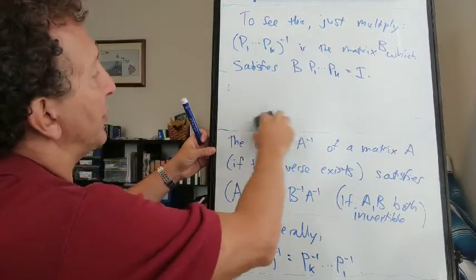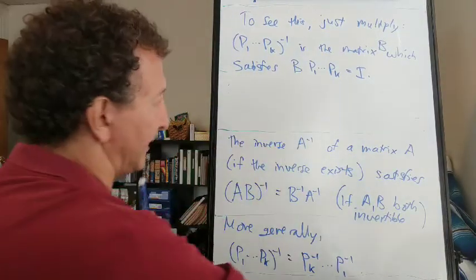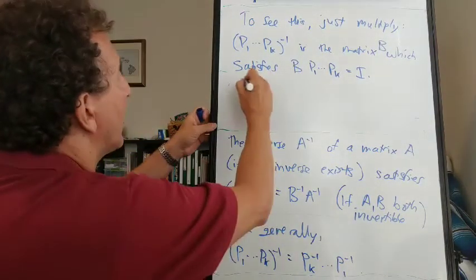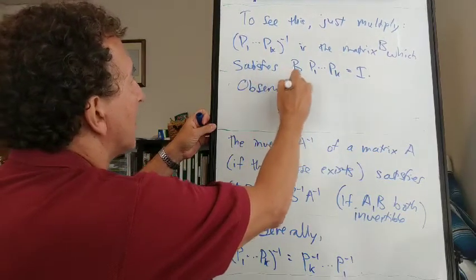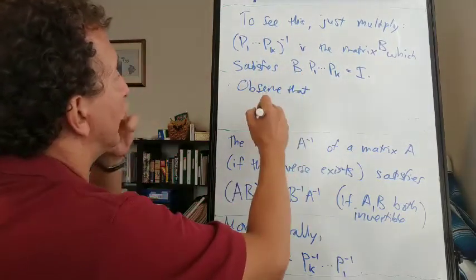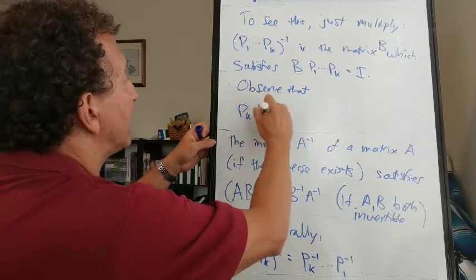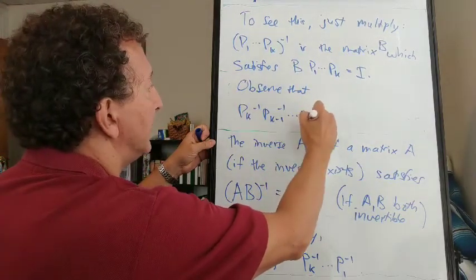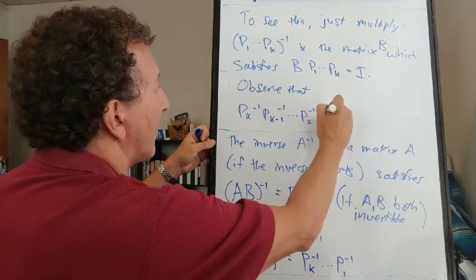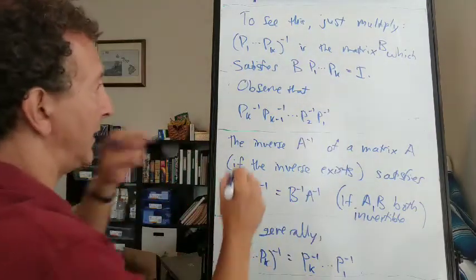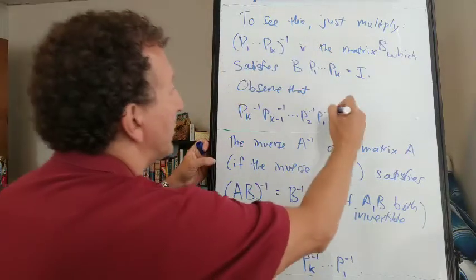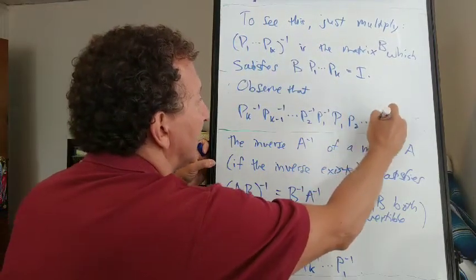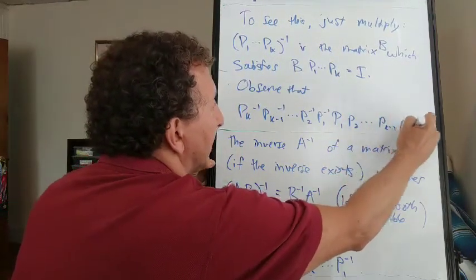So if we just try this with the matrix I proposed, we'll see that we get the identity. So we'll write Pk inverse, Pk minus 1 inverse, etc. So I think this should invert P1, P2, etc. up to Pk minus 1 Pk.